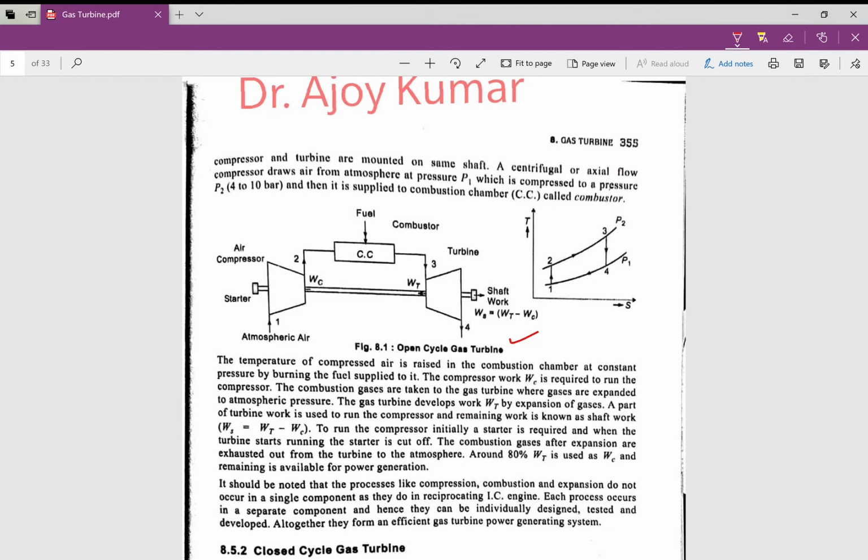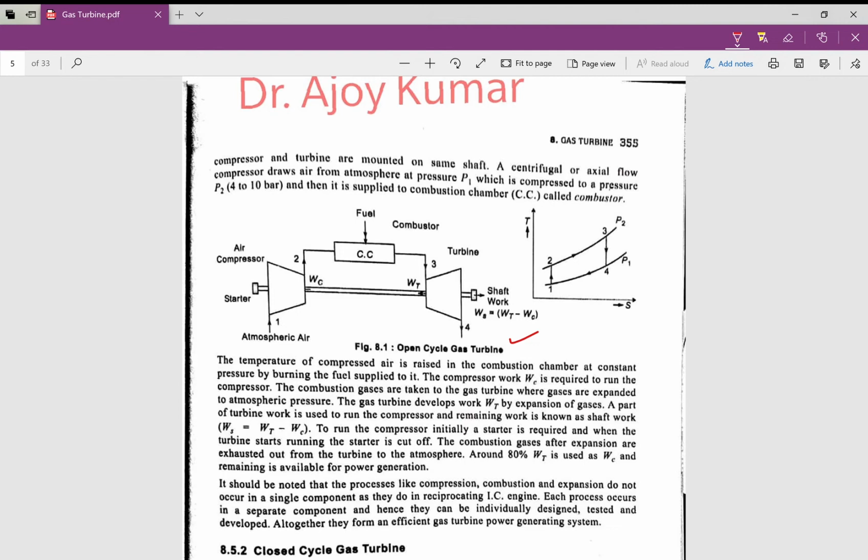In that IC engine, we have seen all the processes: suction, compression of working fluid, combustion, expansion, and exhaust. All five processes are completed in a single unit, that is called cylinder piston arrangement.